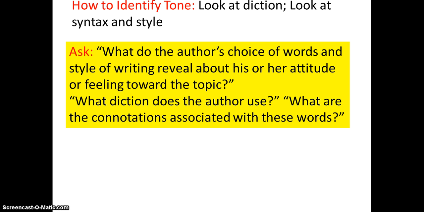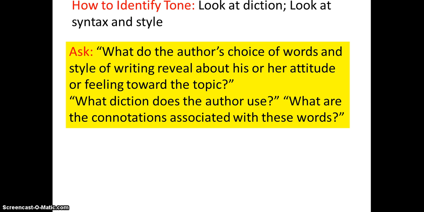So how to identify tone? You have to look at the diction, again that's the word choice of an author, and look at syntax and style. So if we look at the yellow box, these are some questions to ask yourself. What do the author's choice of words and style of writing reveal about his or her attitude or feeling towards the topic? And what diction does the author use?